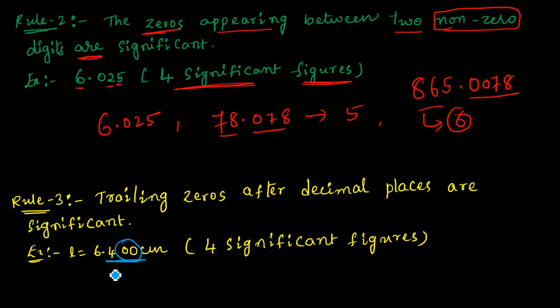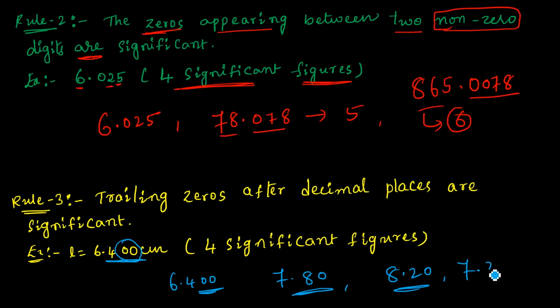Whatever zeros are there after the decimal place, like 6.400, where 2 zeros are there, or 7.80, this is also significant figures, or 8.20, like that you can consider.